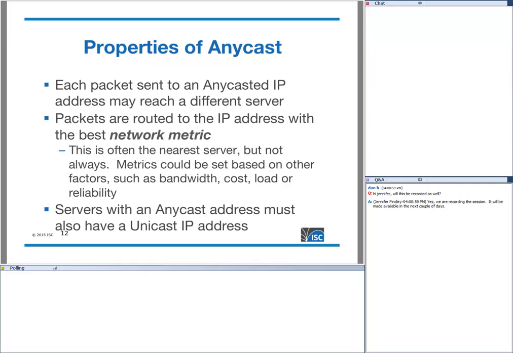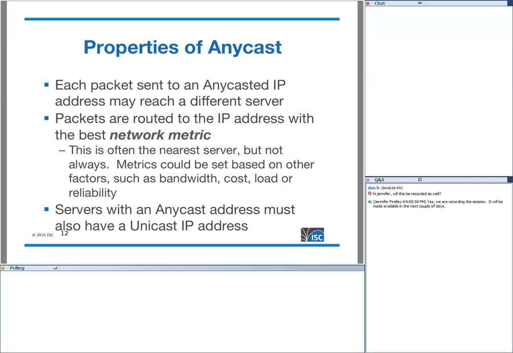For a LAN or campus type environment where you might be using something like OSPF or ISIS, it'll be something like cost or bandwidth and so on and so forth. And another thing that you must do in the setup of these Anycast instances is on the server we mentioned earlier, where you'll put your Anycasted IP address on a virtual loopback.